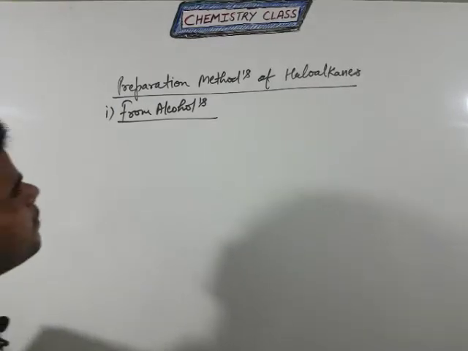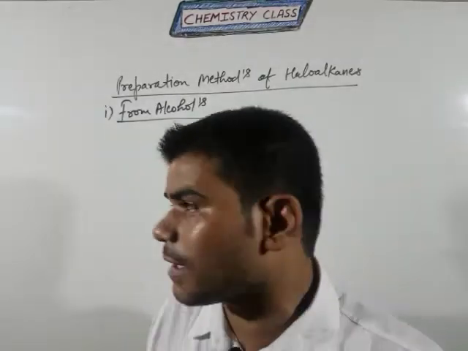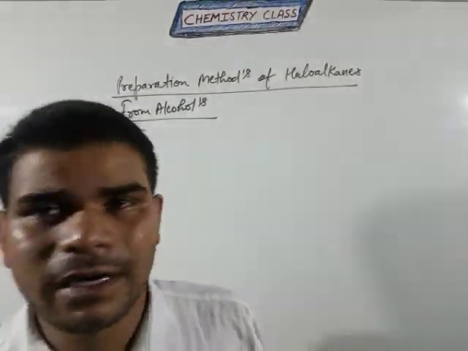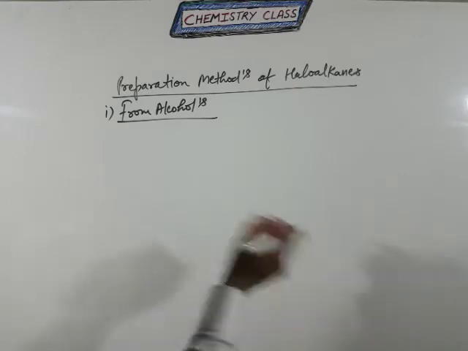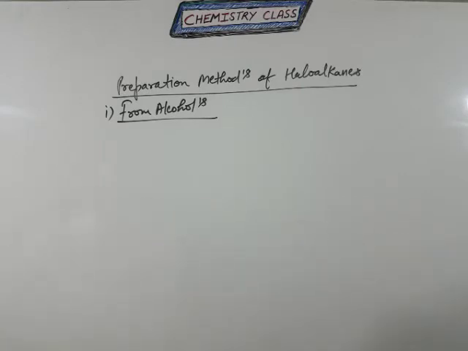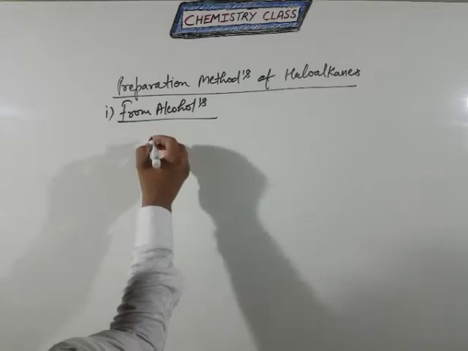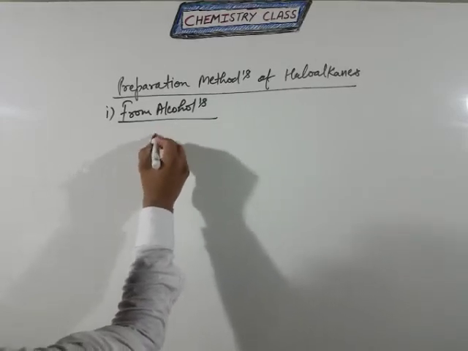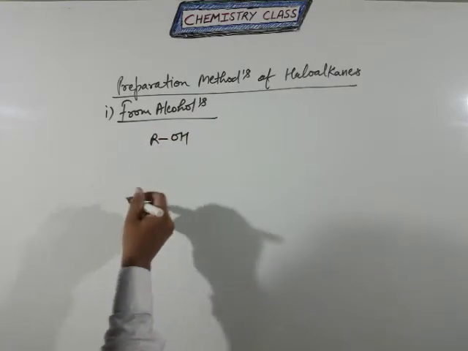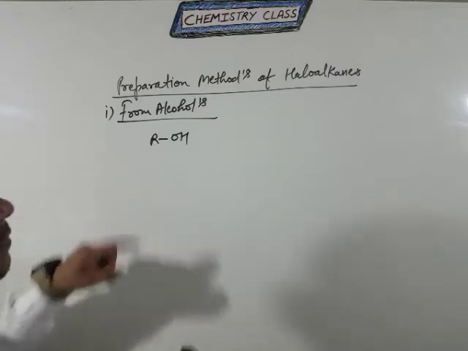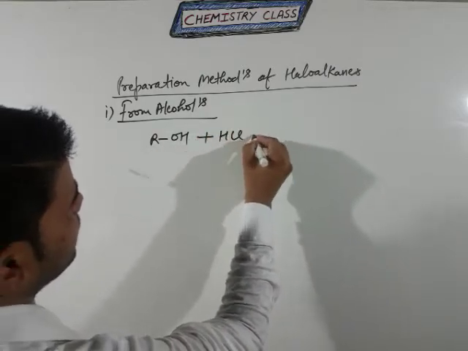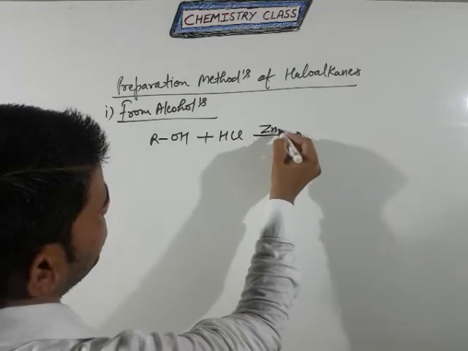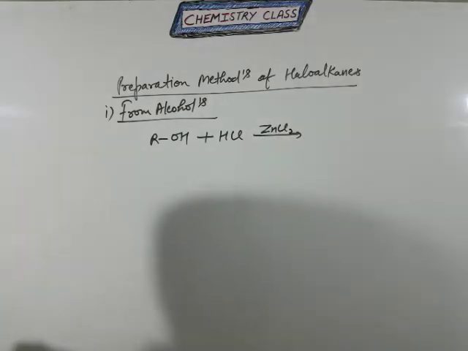Now we will discuss the preparation methods of haloalkanes with the help of alcohols. How do we prepare alkyl halides or haloalkanes from alcohol? Generally the alcohol formula is ROH, where R means the alkyl group. If the alcohol reacts with HCl in the presence of ZnCl2, clear?